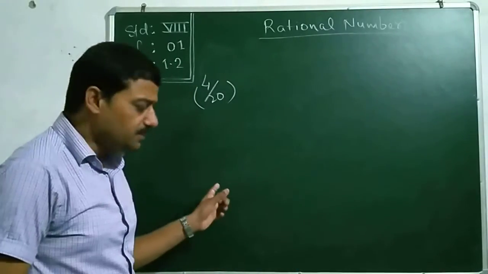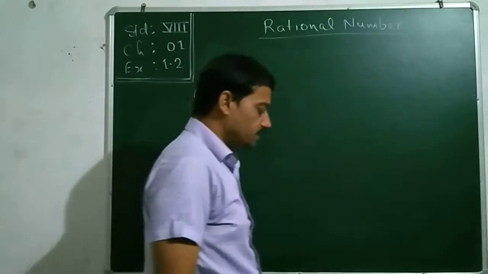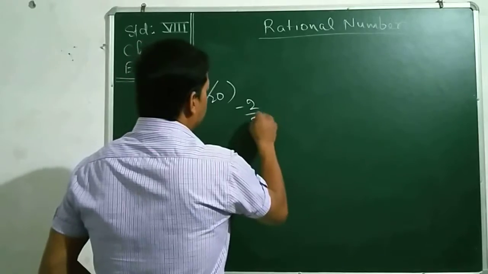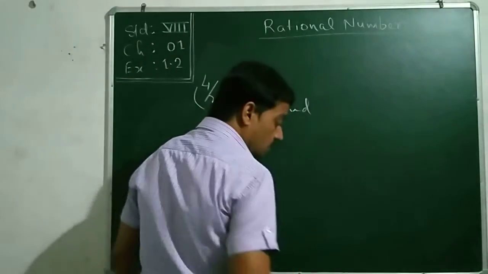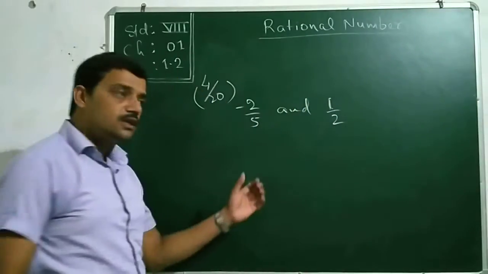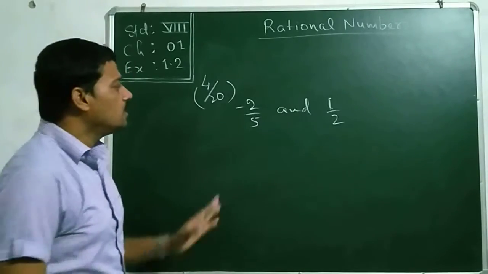Follow this sum carefully. Several sums are asked in the exercise, very similar to this one. We can write minus 2 by 5 and 1 by 2.